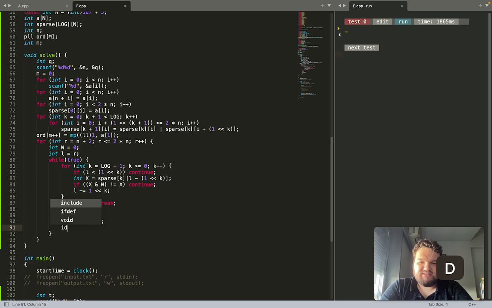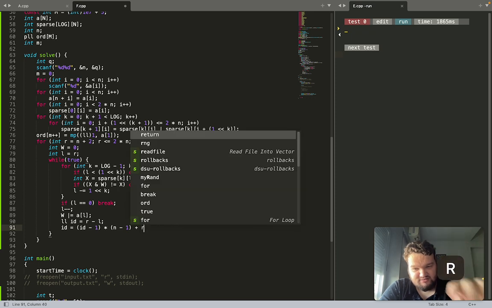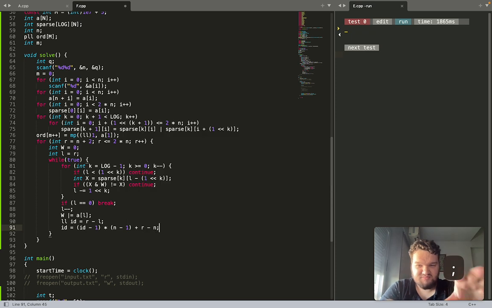So the actual ID is length minus 1 multiplied by n minus 1, plus the right border, minus n, because I shifted it, so the actual right border from 2 to n should be correct.